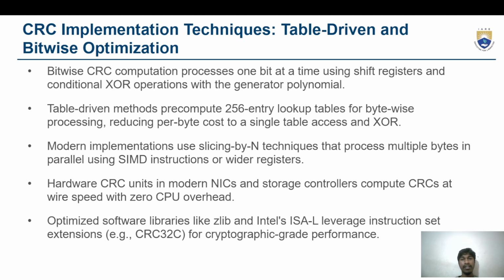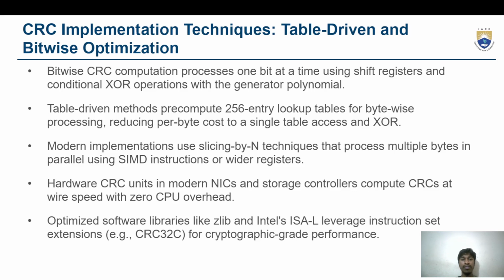CRC implementation techniques: table-driven and bitwise optimization. Bitwise CRC computation processes one bit at a time using shift registers and conditional XOR operations with the generator polynomial. Table-driven methods precompute 256-entry lookup tables for bytewise processing, reducing per-byte cost to a single table access and XOR.